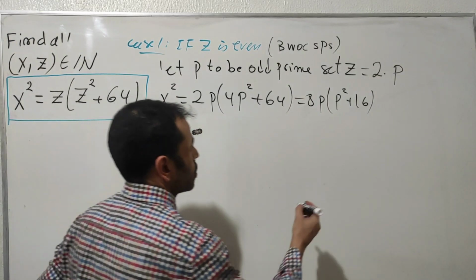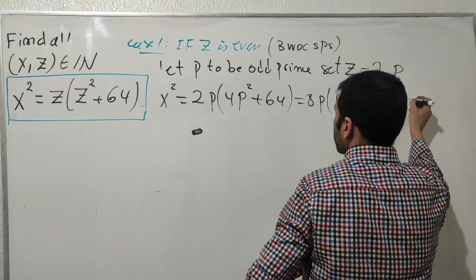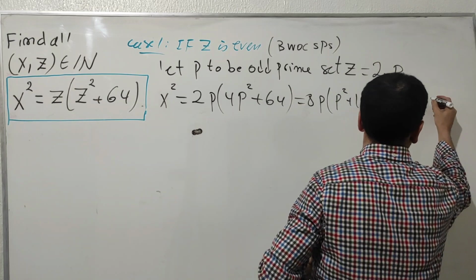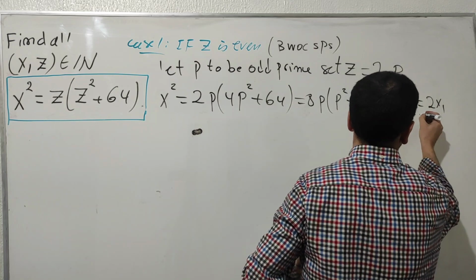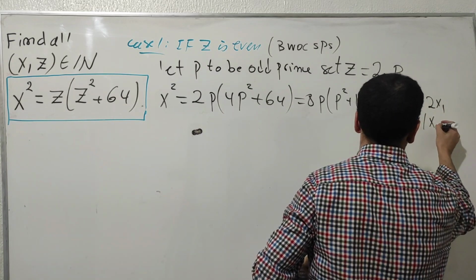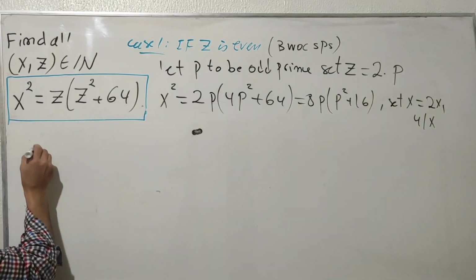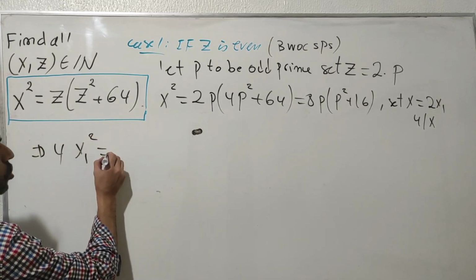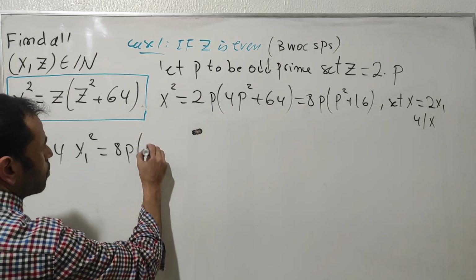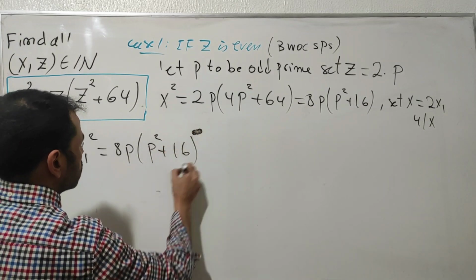So let's set x equals 2 times x1 because 4 divides x, okay? So I get here 4 x1 squared, which equals 8p factor p squared plus 16.